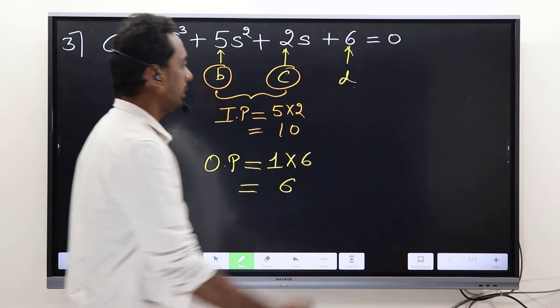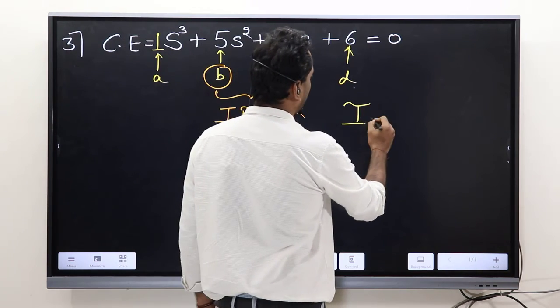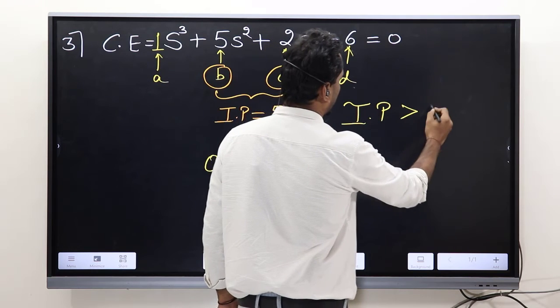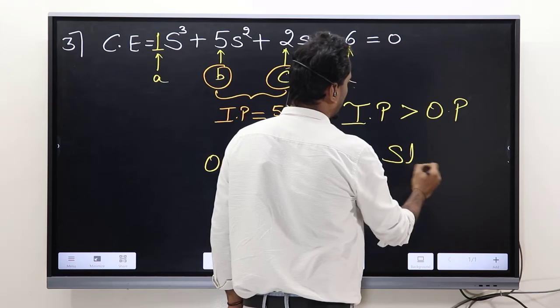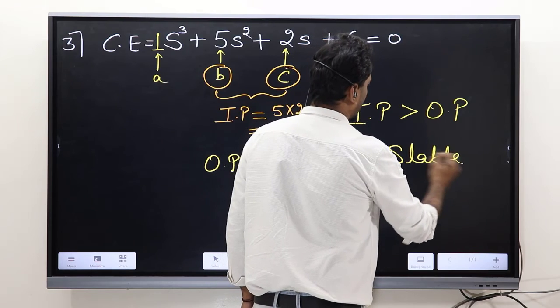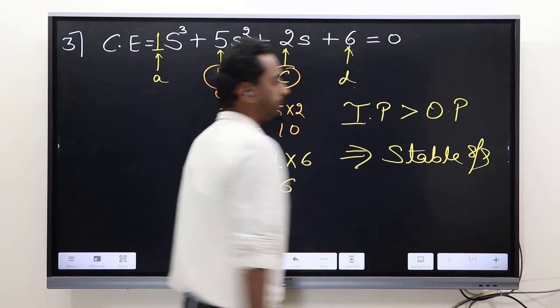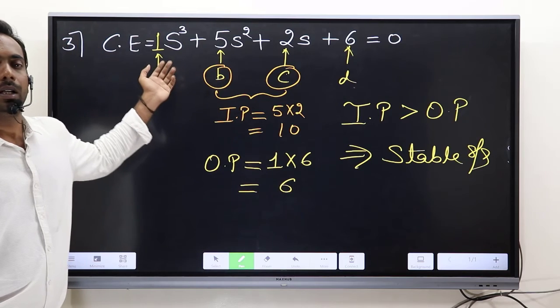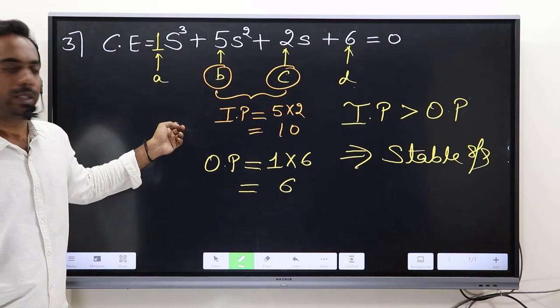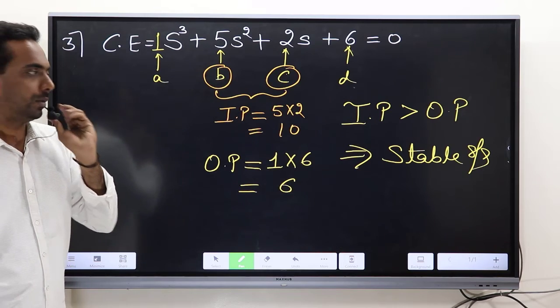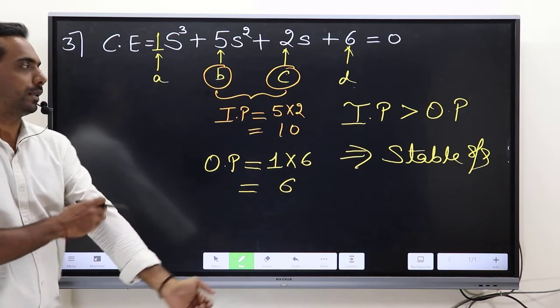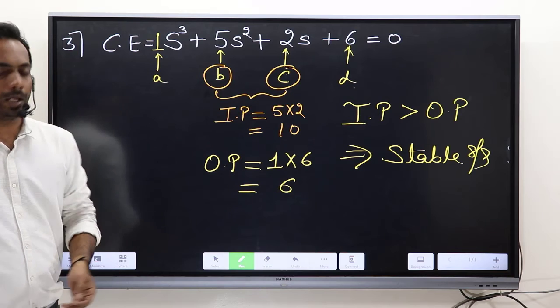So my inner product IP is greater than OP. We know this is a stable system. If you make the Routh-Hurwitz table, you can see there will be no sign change in the first column. If you want, you can practice; the same answer should come in the Routh table too.